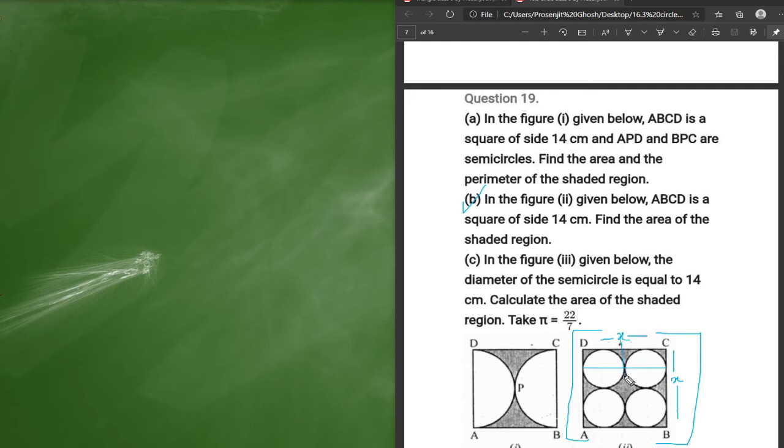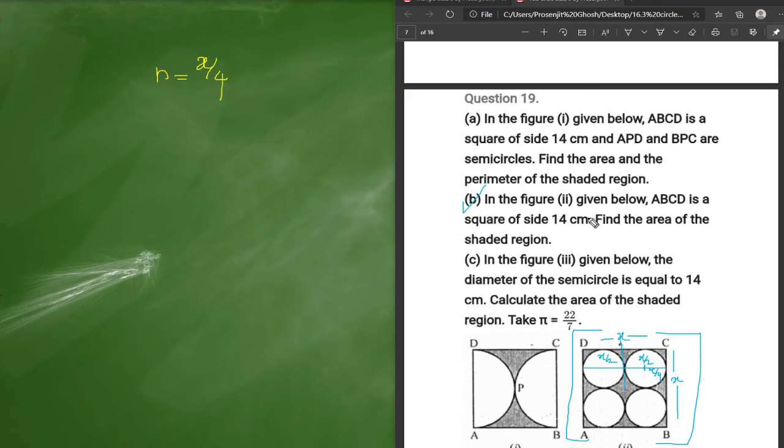If I halve it, this should be x by 2 and this should also be x by 2. Now see that x by 2 is the diameter of each circle. Then what should the radius be? The radius is also half of that, that is x by 4. So you got the radius of each circle, that is x by 4.